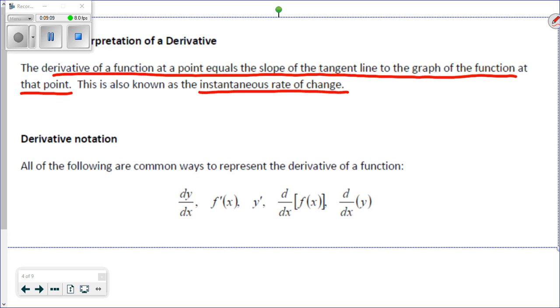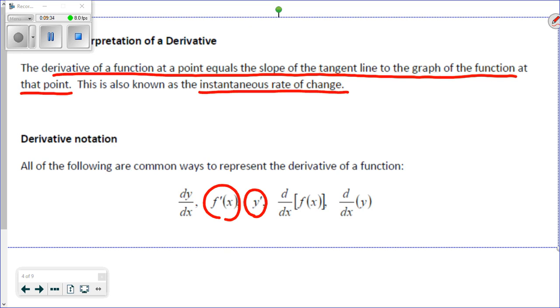Okay, now let's talk a little bit about notation, because we have a lot of different ways to notate a derivative. One way is to use the prime symbol. If you were finding the derivative of y, you would just call it y prime. If you were finding the derivative of f(x), you would call it f prime of x.